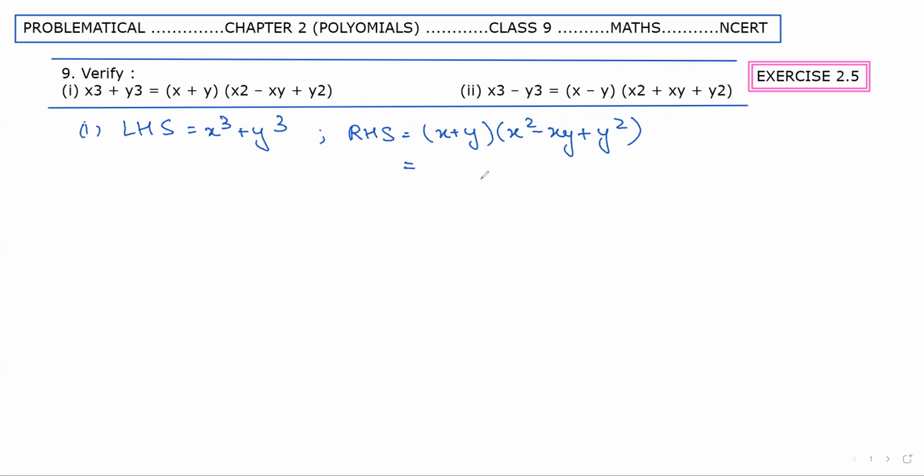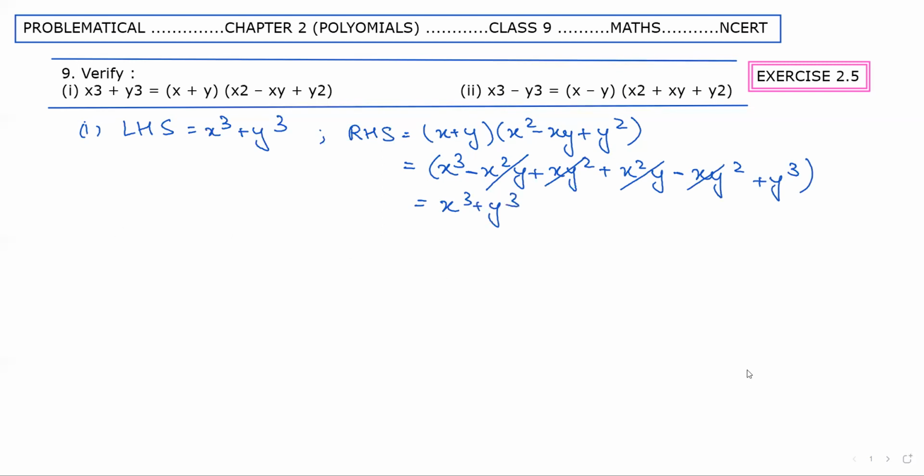Solving RHS means multiplying the two brackets. x into x square is x cubed, minus x into xy, x square y, plus xy square, plus x square y, minus xy square, plus y cube. This term gets cancelled with this term, and this term with this term. You're left with x cube plus y cube.